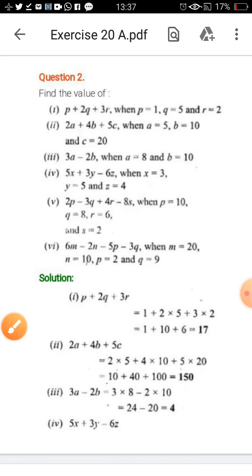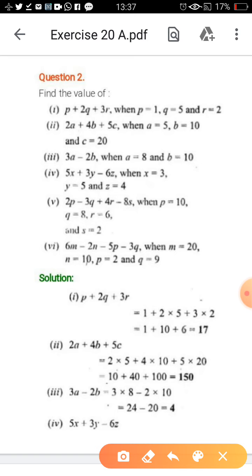Same way, see the question number second. In the second question, we can easily see 2a plus 4b plus 5c.